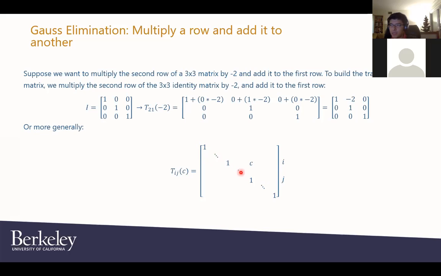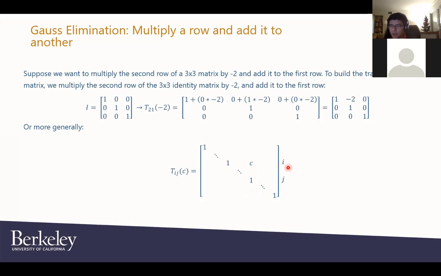So this means that the diagonal is of ones, but in row I, we have a C. And where exactly in row I? If we see this column matches this one, and since this is the diagonal, this one is on the jth row and the jth column, so this C is on the jth column of the ith row.